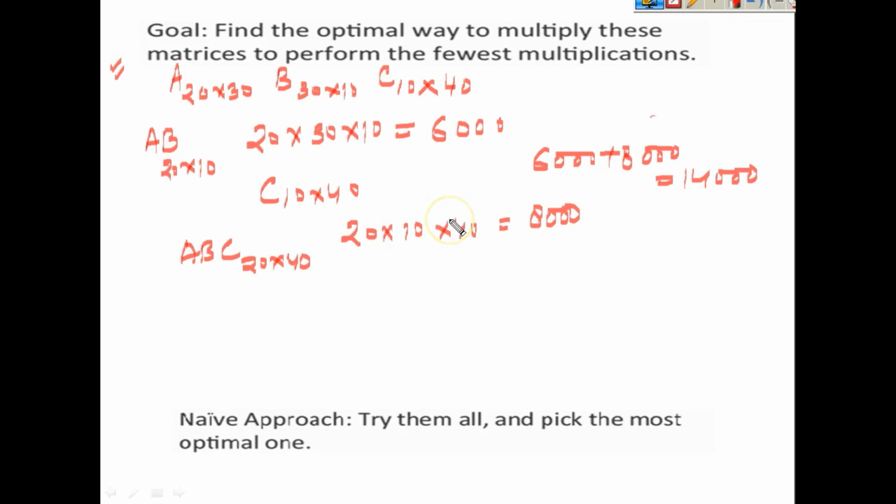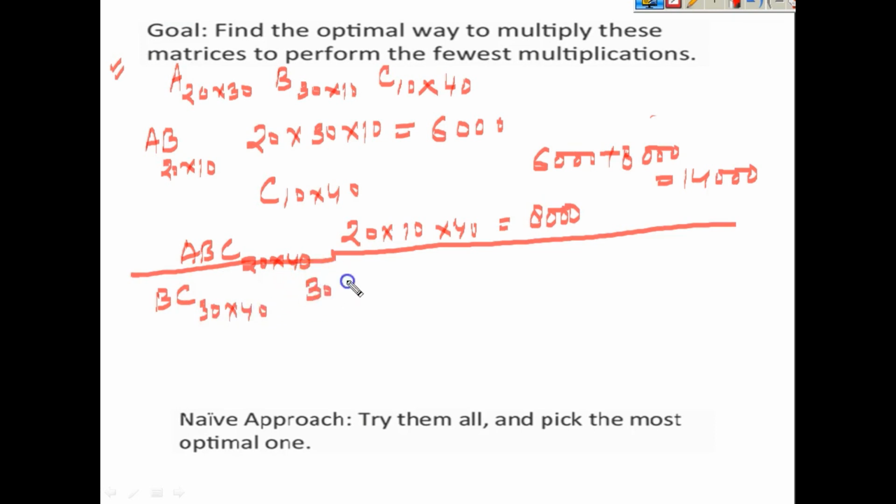Now we will multiply the same matrices in a different way. Let us take multiplying B into C first. If I multiply BC, I will get a matrix of order 30 cross 40, and the number of multiplications will be 30 into 10 into 40, which equals 12,000.